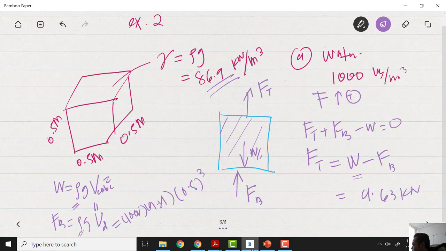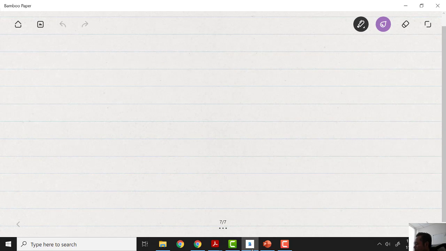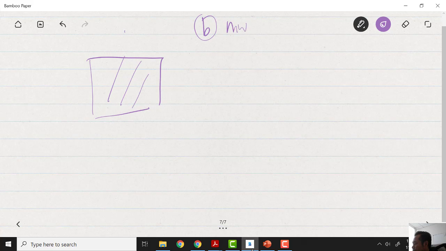For example, we have a block, and now we submerge the block completely in mercury. The same here, Ft, the weight, and we have another force, Fb. We want to find Ft. We consider it positive if we're moving upward.